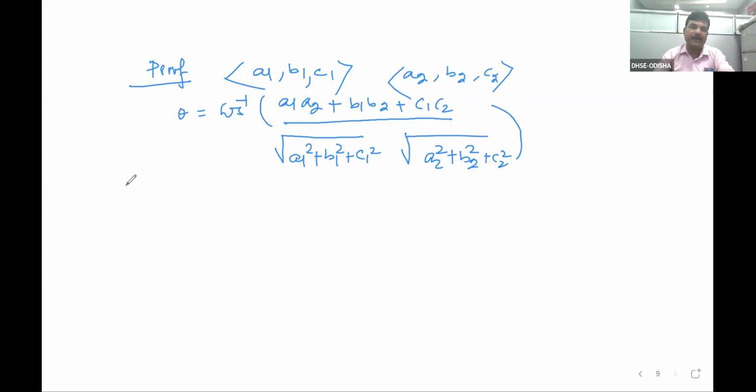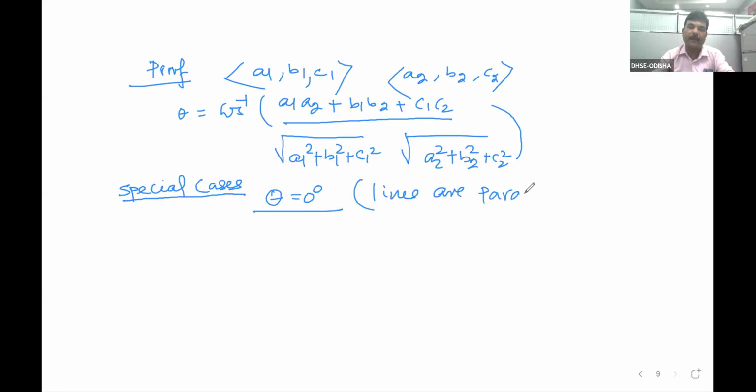Come to special cases. Theta is equal to 0 degree. That means lines are parallel. That is A1 upon A2 equals B1 upon B2 equals C1 upon C2.